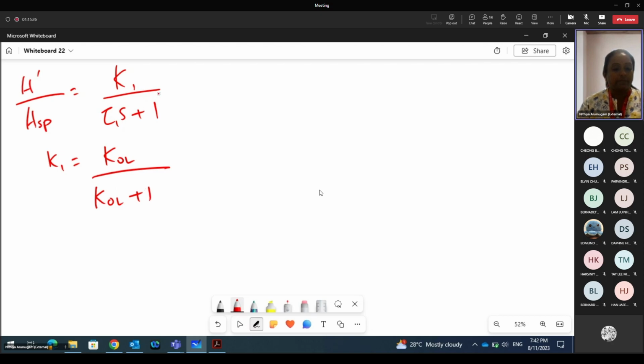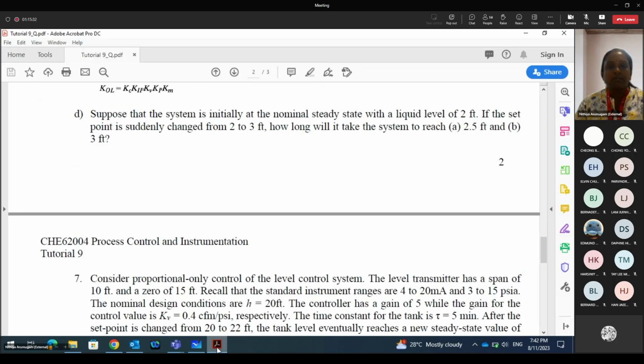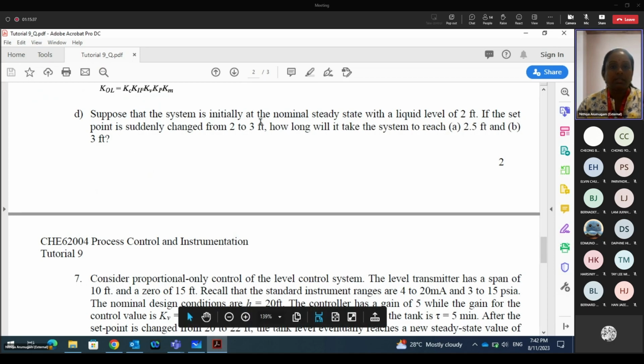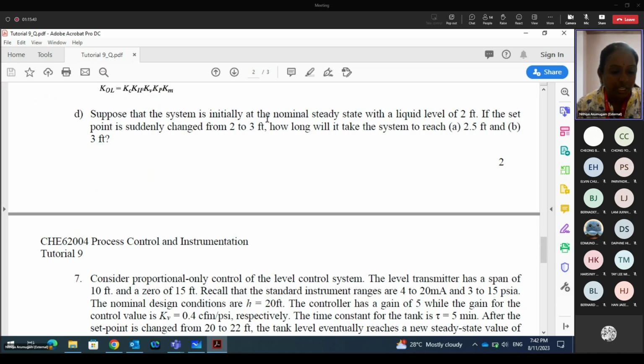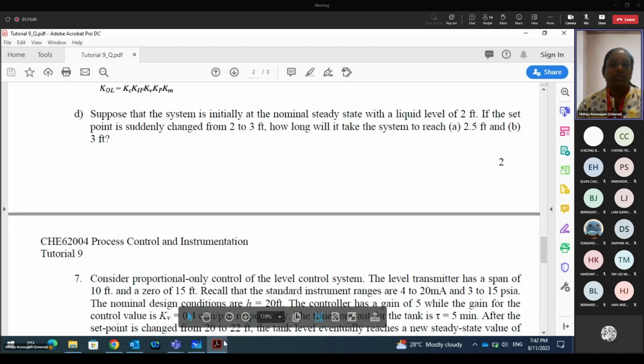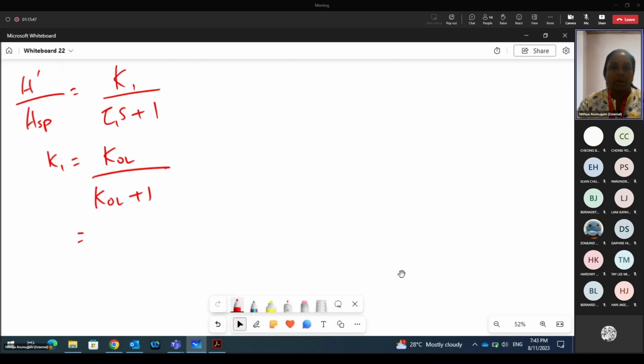All right. So here the question has given us: suppose that the system is initially at the steady state with a liquid level. So we need to know how to calculate the KOL first.